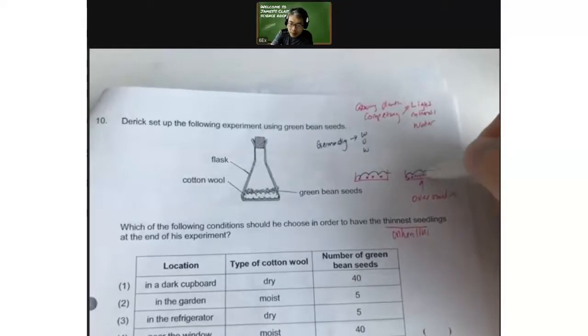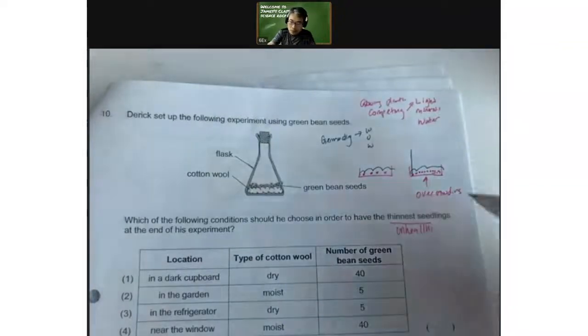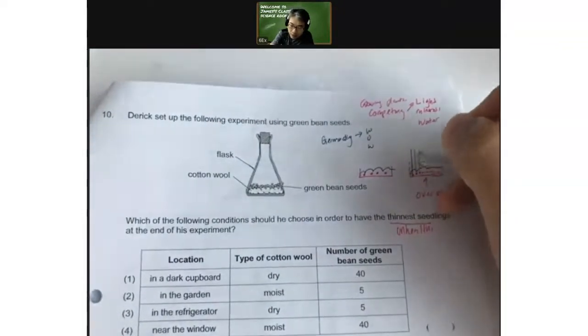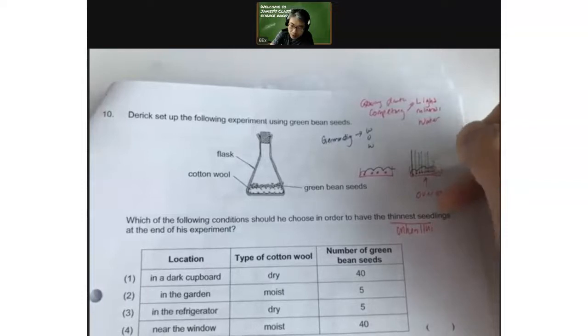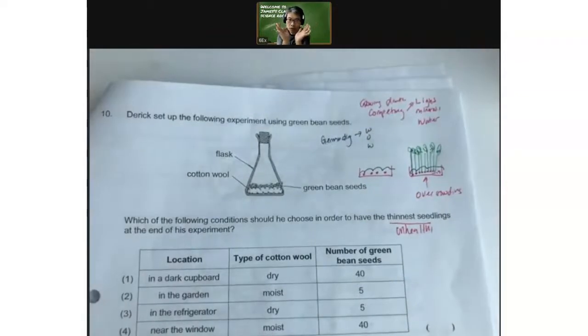Okay, so for example, we're talking about thinness. So I'm going to postulate this one here. All this will be very thin and skinny. Why? Because they start to have leaves. And once they have leaves, the leaves need to trap sunlight to make their own food. But because they are so close together, the leaves from one seedling will be blocking that of the other seedling, covering it.